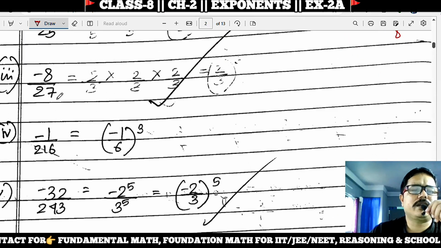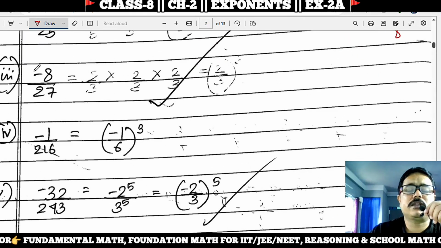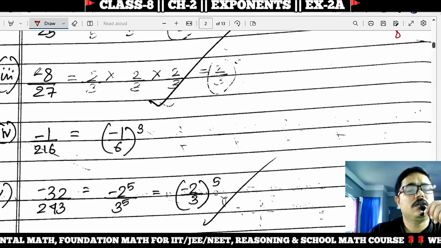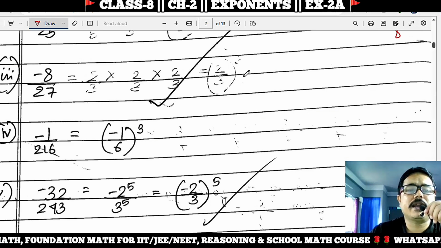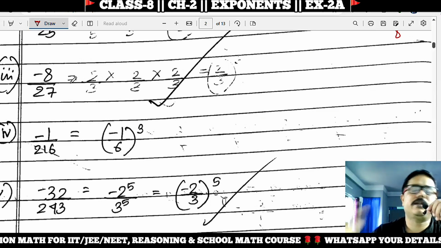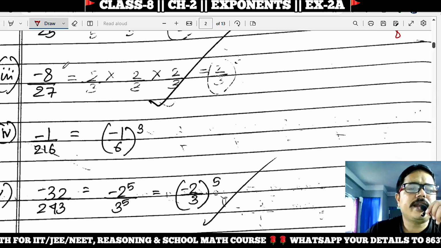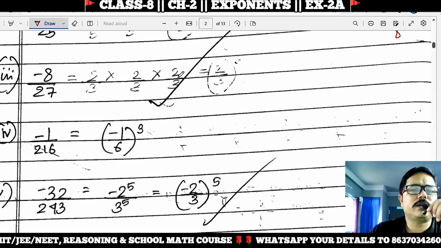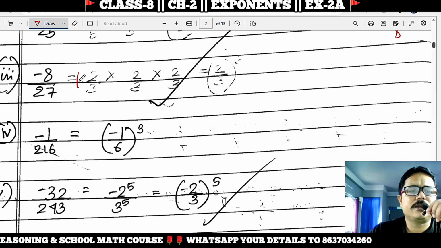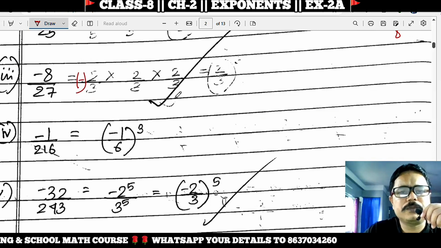Minus 8 upon 27. So first of all, here a negative sign is there. Now we have to see if the power comes an odd number, then you can put the minus sign in the bracket, but if the power comes an even number, then you have to keep the minus sign outside the bracket. So 8 by 27 is 2 into 2 into 2, and 27 means 3 into 3 into 3, and there is one minus sign also.